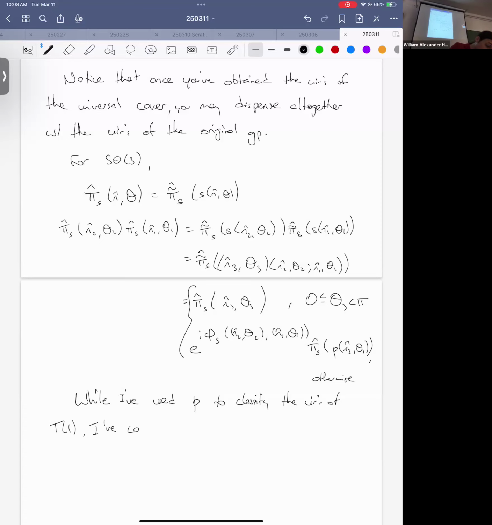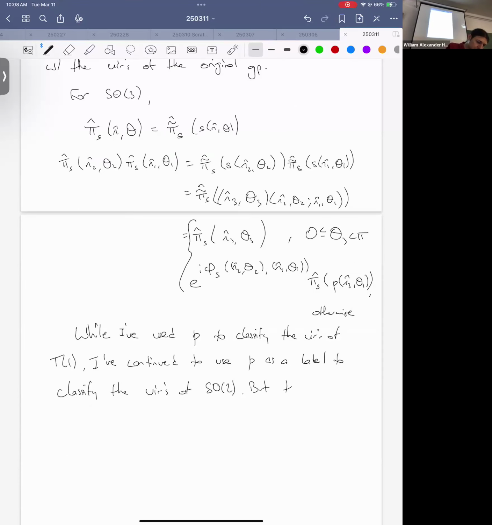I've continued to use P as a label to classify the UIRs of SO2. But this P is really the intrinsic spin of a particle.